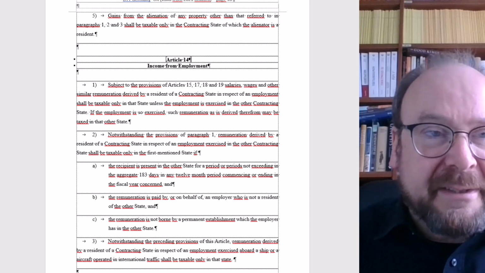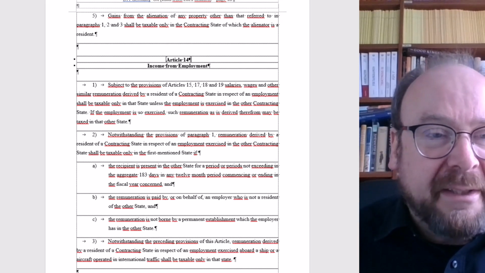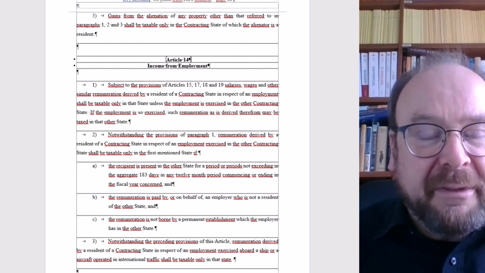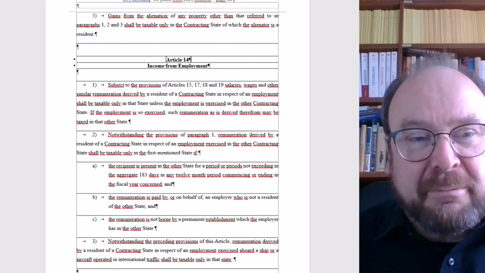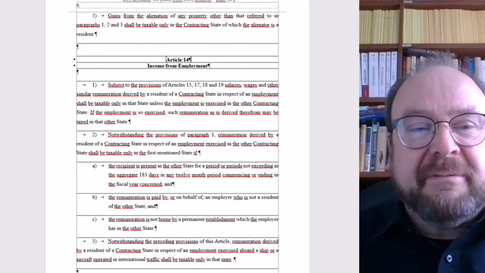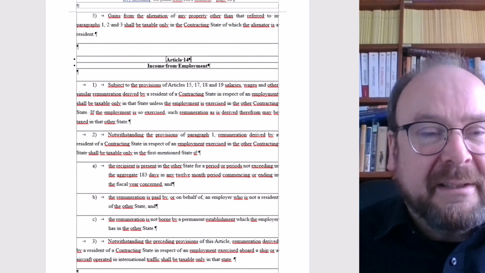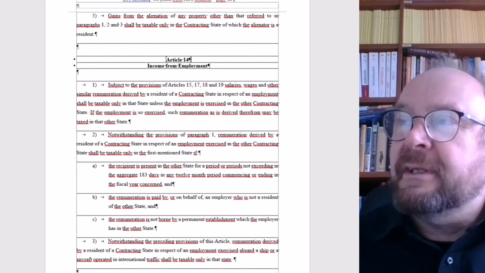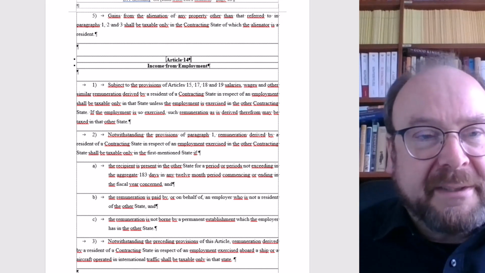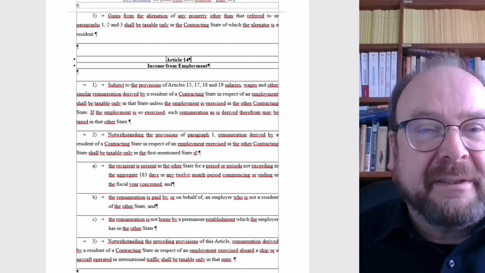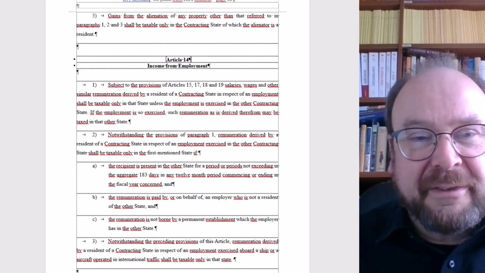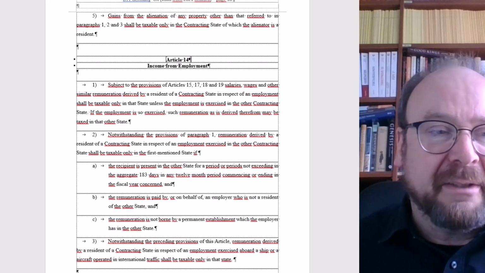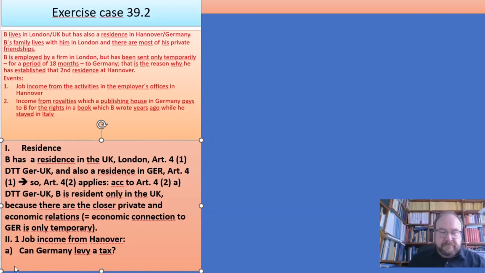However, we have to test the 183 days clause for employment additionally. But you remember, this clause does not apply if you have a job in the other state. And now our friend here has a job in Germany, so we can be sure that 15.2, the 183 days clause, does not change the situation. The right to levy a tax goes to Germany for this situation.